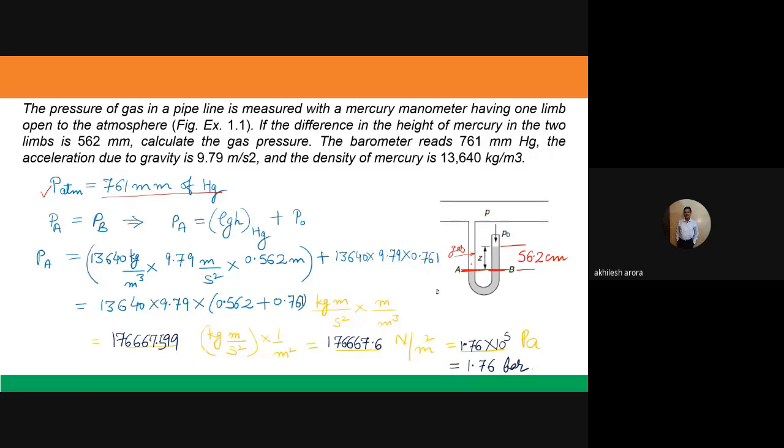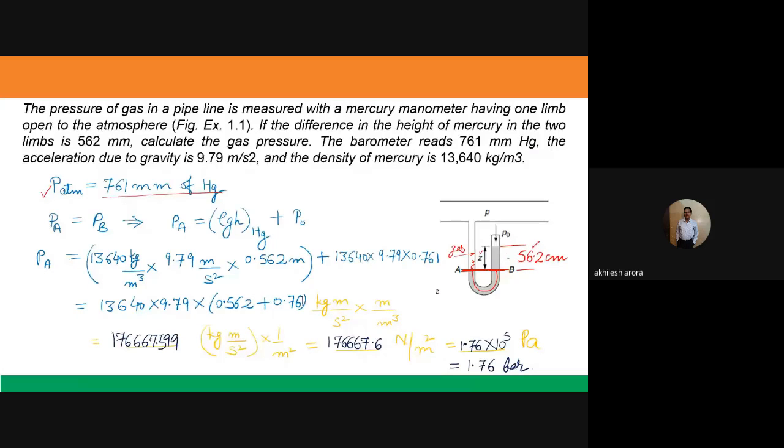Here we have the gas, and altogether up to this particular point we have the mercury. So we have to locate this particular section. This is the section here, and above this the height of the mercury is Z, which is equal to 56.2 centimeter. Actually it is given as 562 millimeter, so it is 56.2 centimeters.